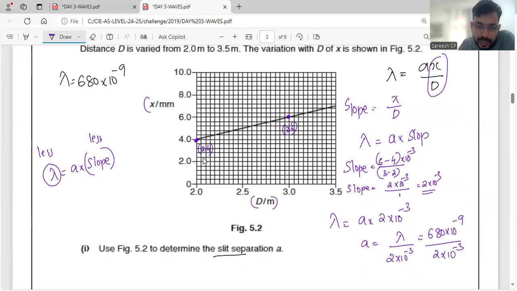So we can start from anywhere over here. I may draw something like this, and I will make sure that the slope of this one is less than this.